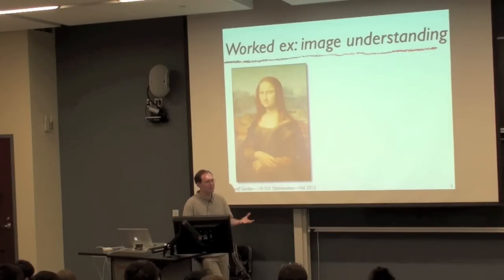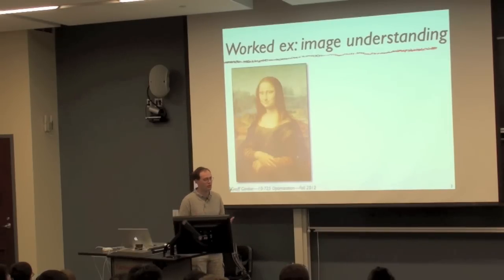You have some mapping from what you believe the scene looks like to what you think the image should look like, and then it's an optimization problem to figure out the best scene that explains this particular image. And what sort of representation are you thinking about for a scene?